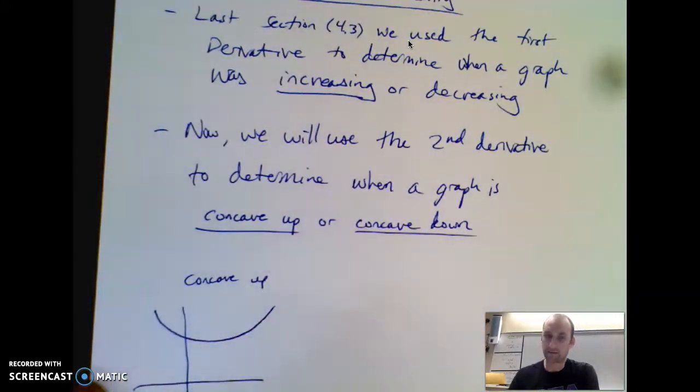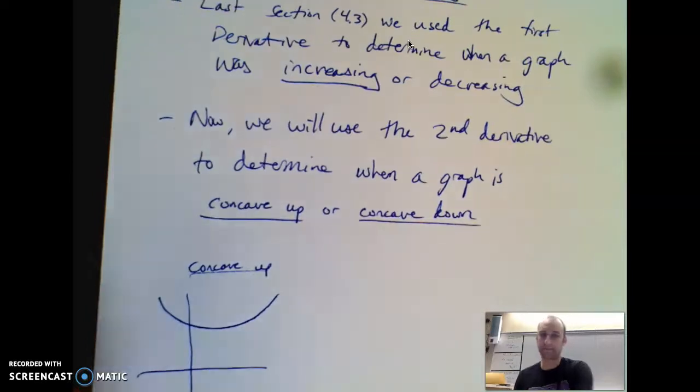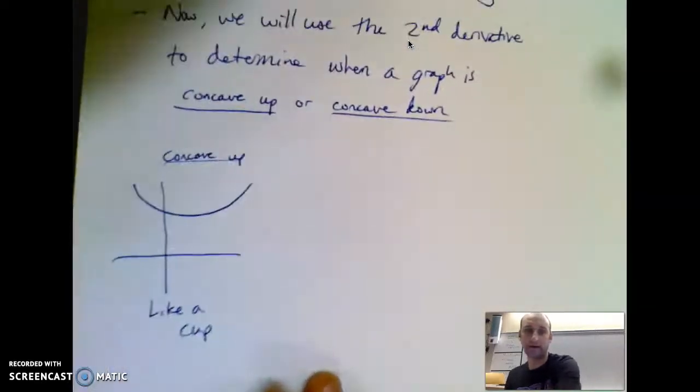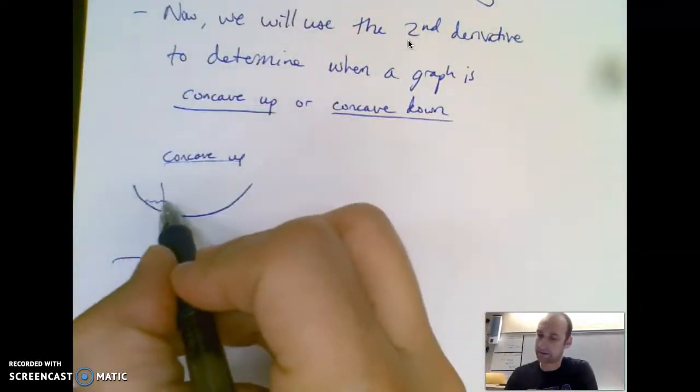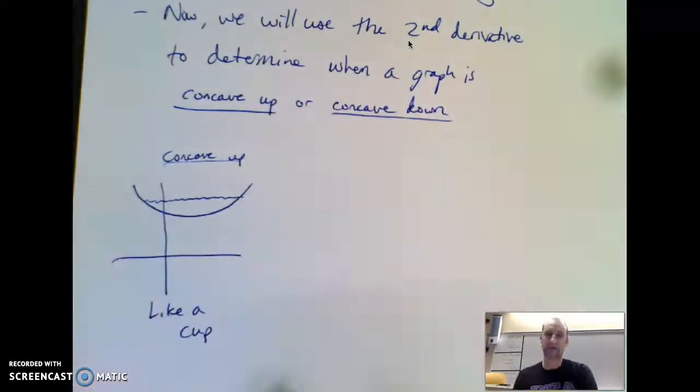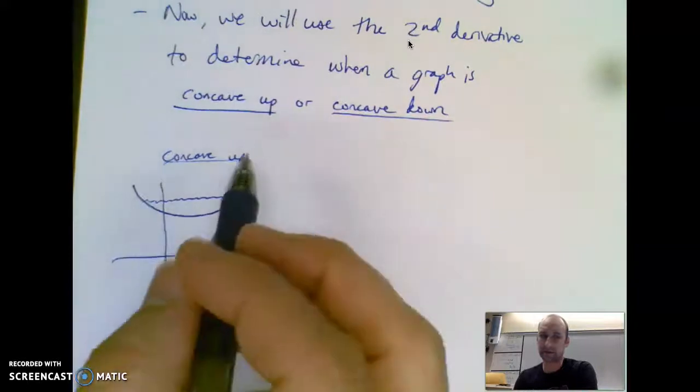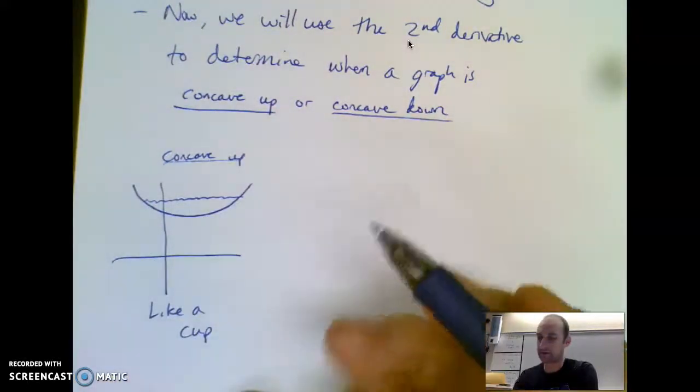And I always say, you remember concave up like a cup. Up like a cup, right? Because if you think about it, if you put water in there, it would hold it. If it's concave up, it'll hold some water. Granted, sometimes it doesn't look like a full cup. We'll look at some pictures of that later.